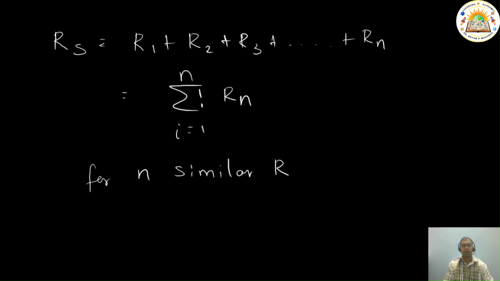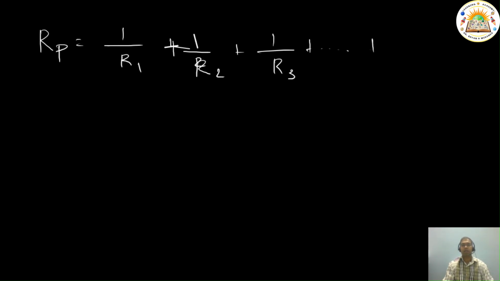We have Rs is equal to N times R. We found out resistance in parallel, equivalent resistance as 1 by R1 plus 1 by R2 plus 1 by R3 plus etc. plus 1 by Rn.